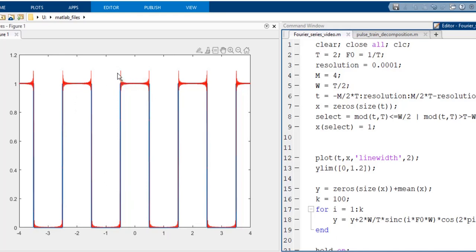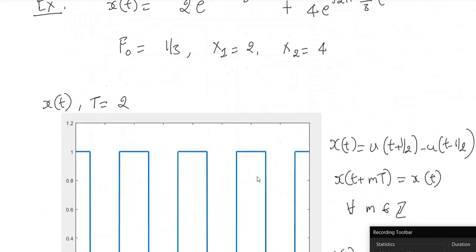Note that these peaks here are a very specific artifact of this particular example we have chosen. These ripples happen because in this example there is a discontinuity. It turns out the Fourier series doesn't deal with discontinuities very well. But if the signal was a very smoothly changing signal, you would have gotten back very close to the original signal. So let's come back to our discussion here.